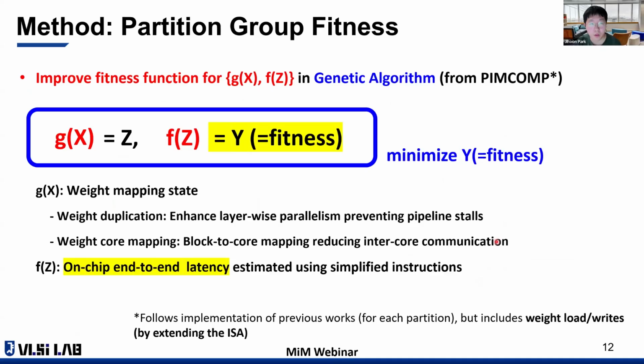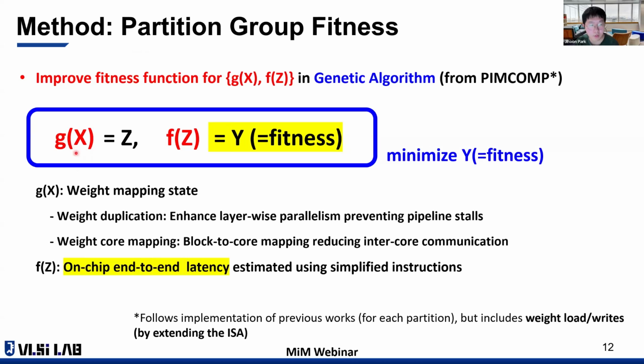Then we design a partition group fitness, which is the sum of the partition fitness. For each partition we have the subgraph X, and we have a determined subset of weights, but we haven't really mapped that onto the chip yet.